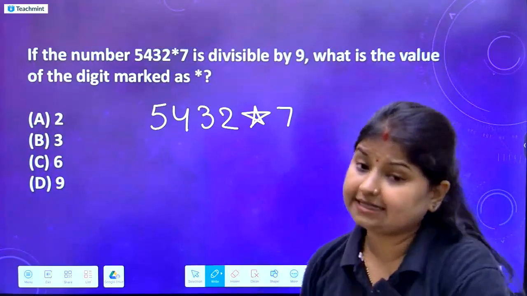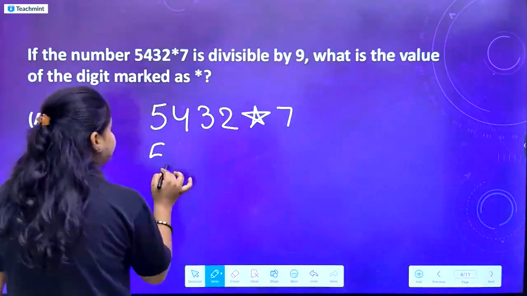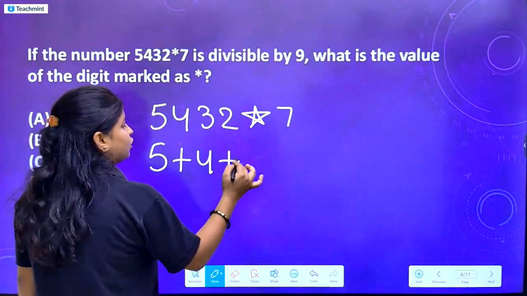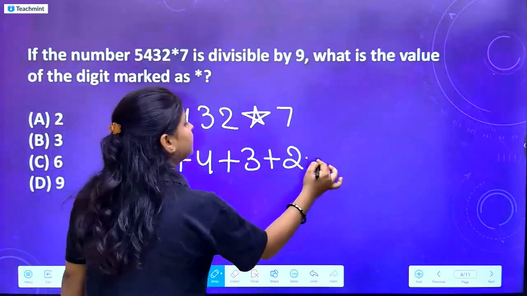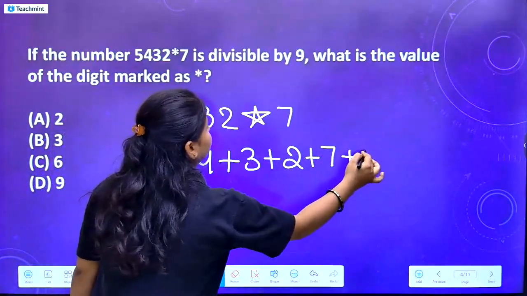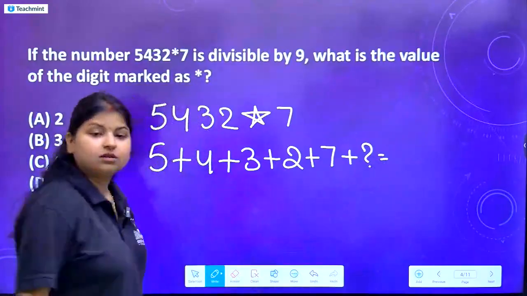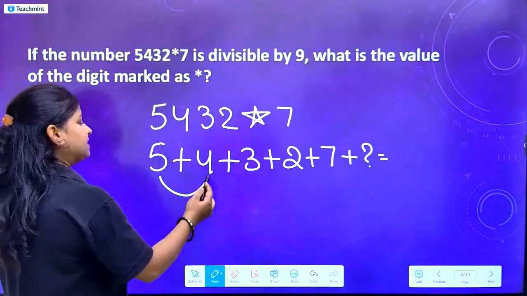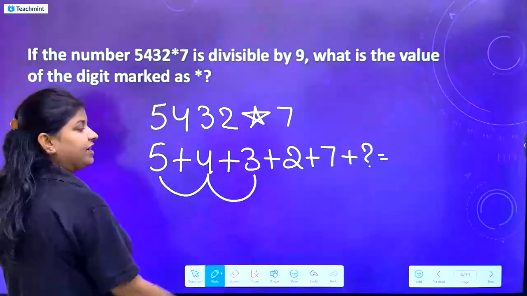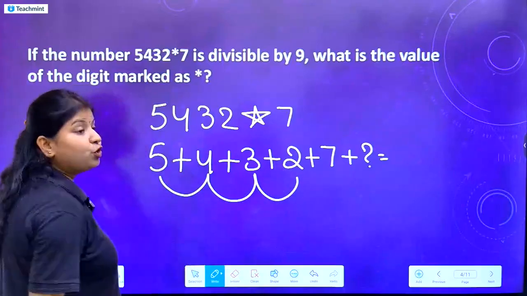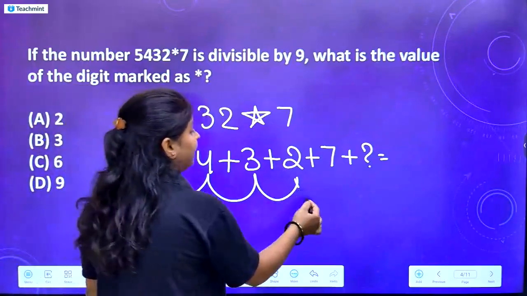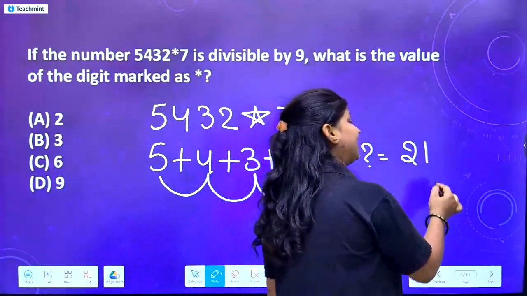Divisibility rule of 9 says that the digits should sum to such a number which is divisible by 9. 5 plus 4, 9. 9 plus 3, 12. 12 plus 2, 14. And 14 plus 7 is 21.